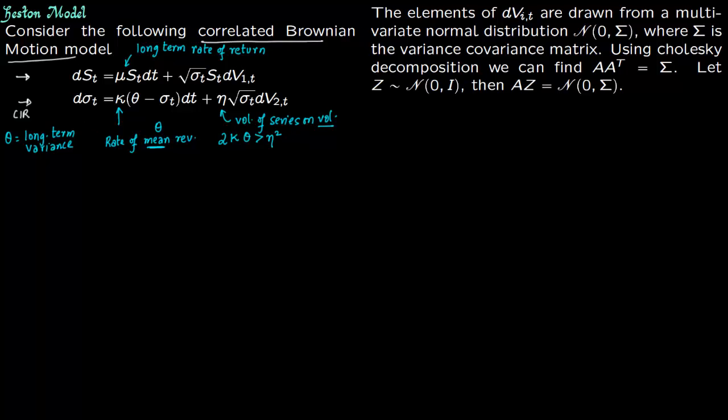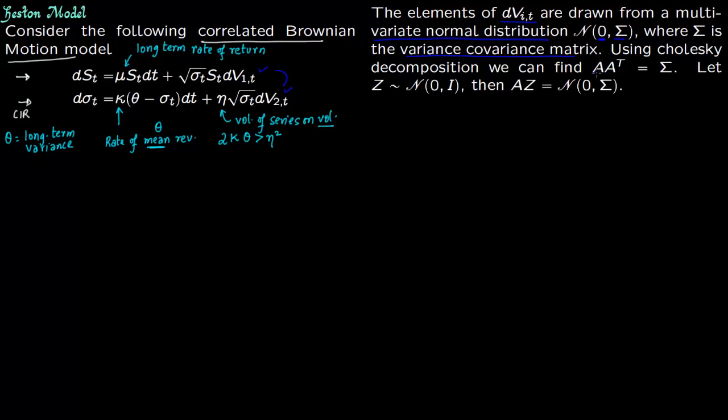So the model here has correlated Brownian motions, that is dv1,t and dv2,t, they are both correlated. Both correlated means that these dv i,t, that is 1 and 2, are drawn from a multivariate normal distribution, which has mean 0 and variance covariance matrix sigma. The Cholesky decomposition of this variance covariance matrix will give you A times A transpose as sigma.